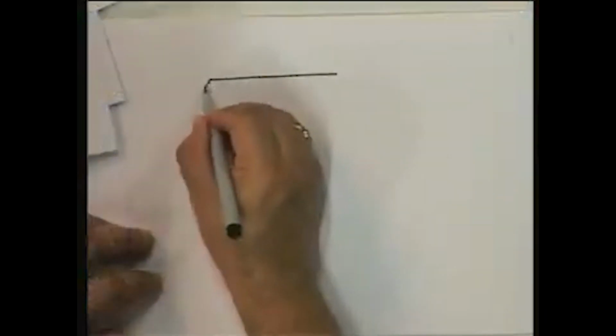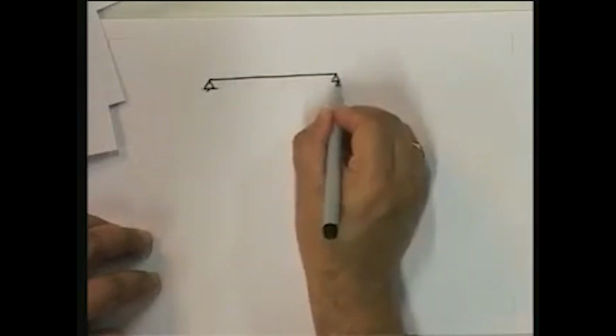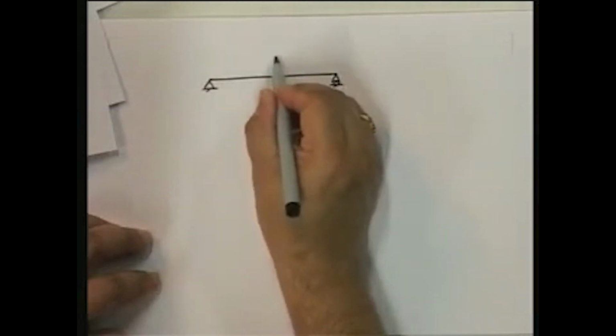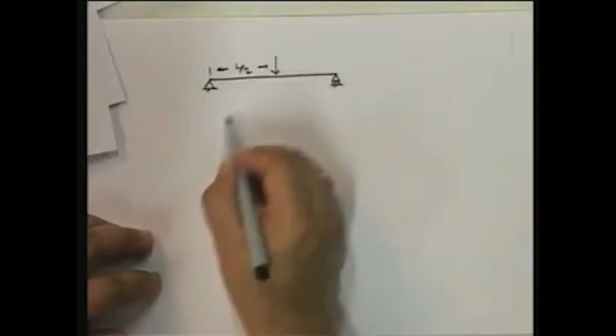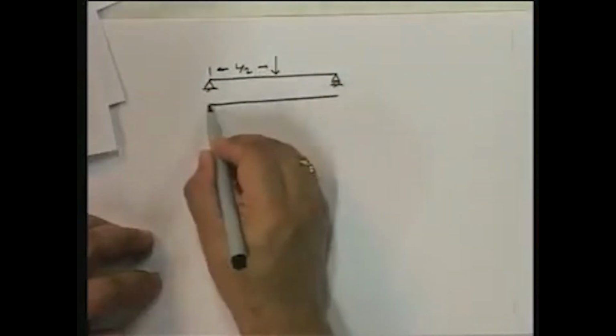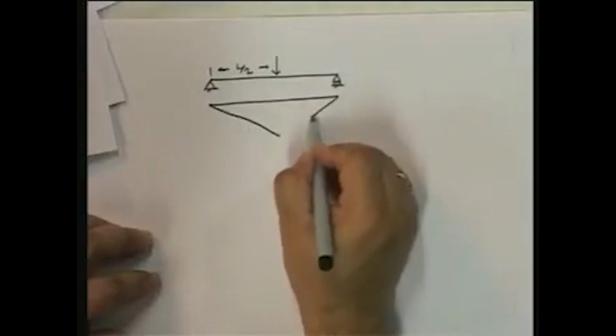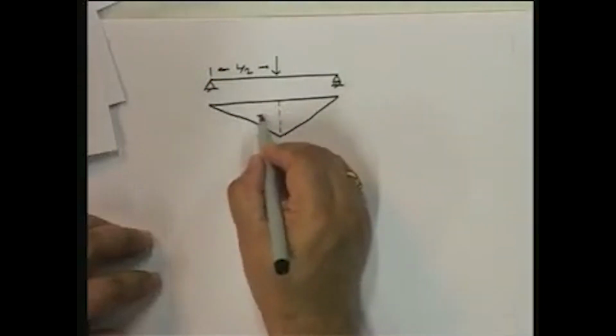Let us find out theta BA under the same loading. So under the same loading, this is acting at L by 2, same M by EI diagram.